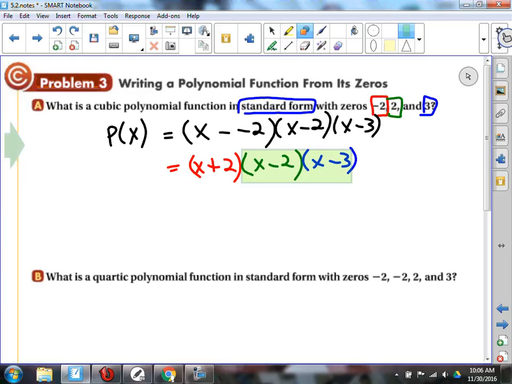I truly hope somebody recognizes which way is better. To multiply these two first or these two first? I'll give you a second to think about it. Is it better to multiply these two first or these two first? If you thought to yourself it's better to multiply these two first, you're right. Maybe another second to think about why it's better to do that.